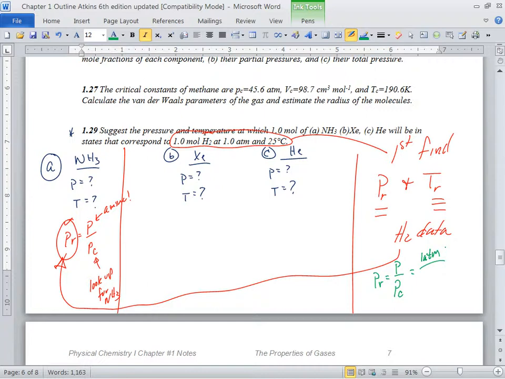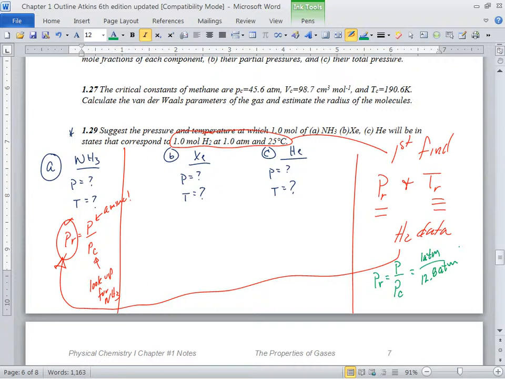What are the units, though? Critical pressure over ATM. Yes, what does that mean? The units are ATM. So you said it was 12.8? Yes. ATM. Nice, because that's what they gave us. So divide 1 by 12.8, and you've got the reduced pressure.